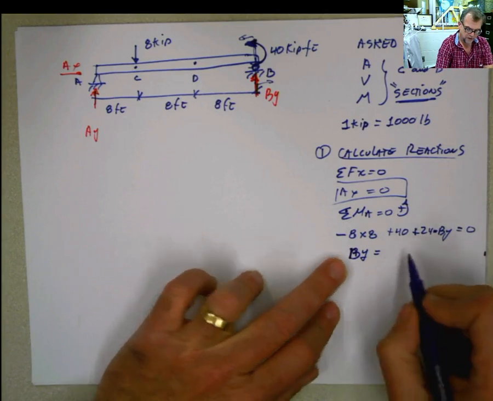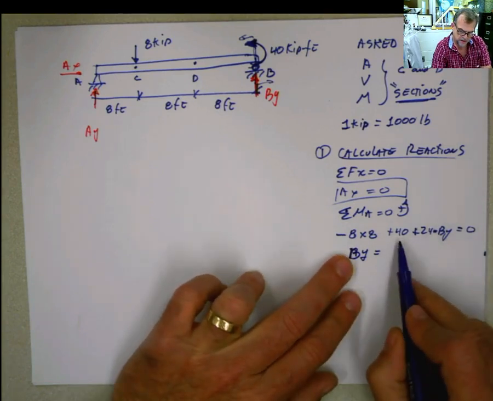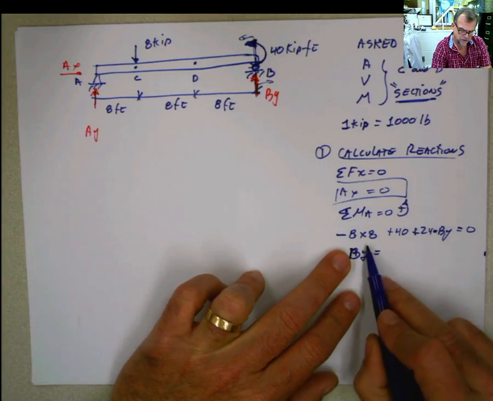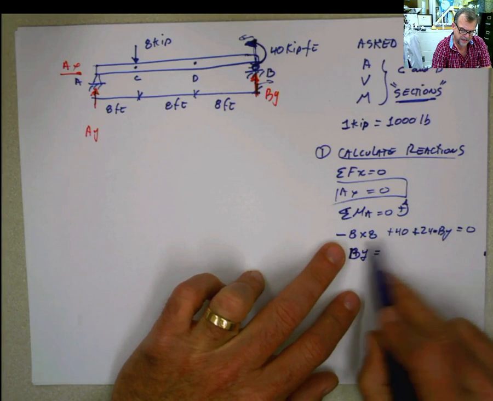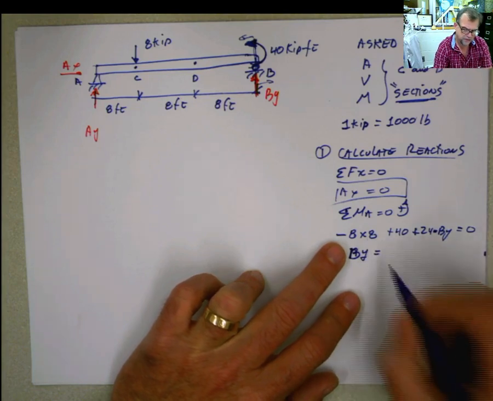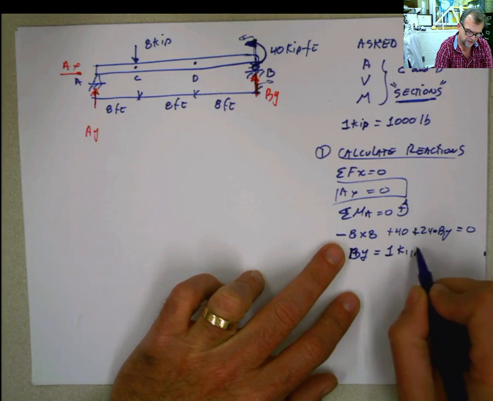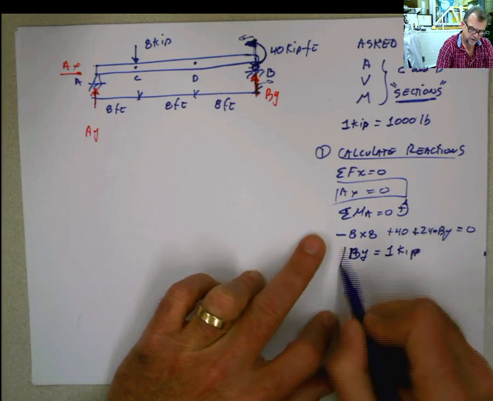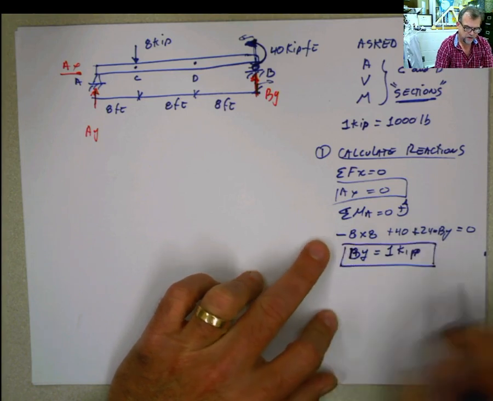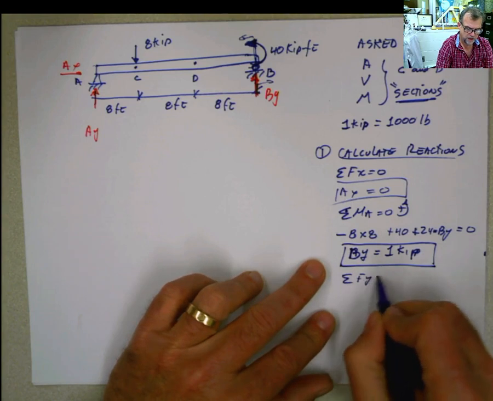1 kip. This is what? This is 40, and this is 64. So that means a negative 24 passes to the other side positive. Yeah, it's going to be equal to 1 kip. Summation of forces in Y equals 0.